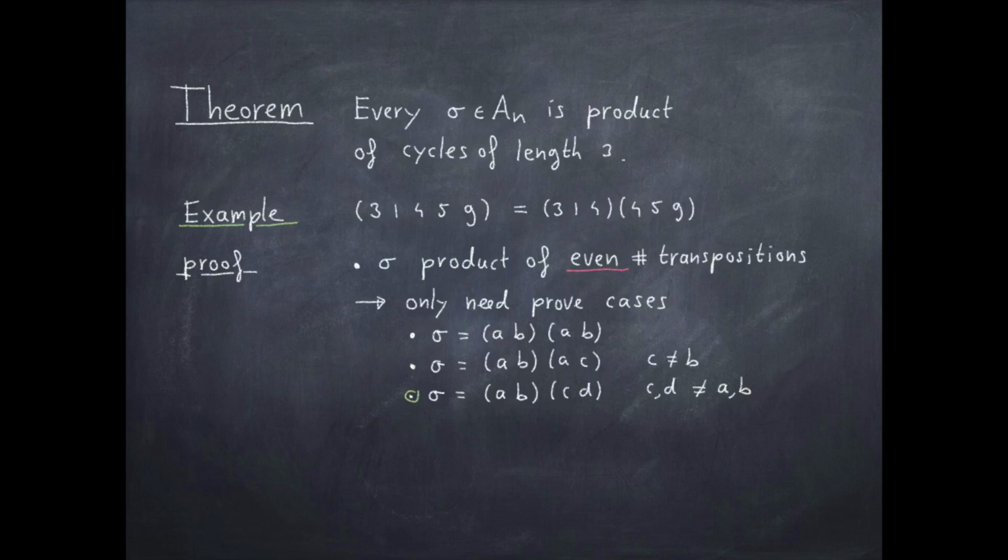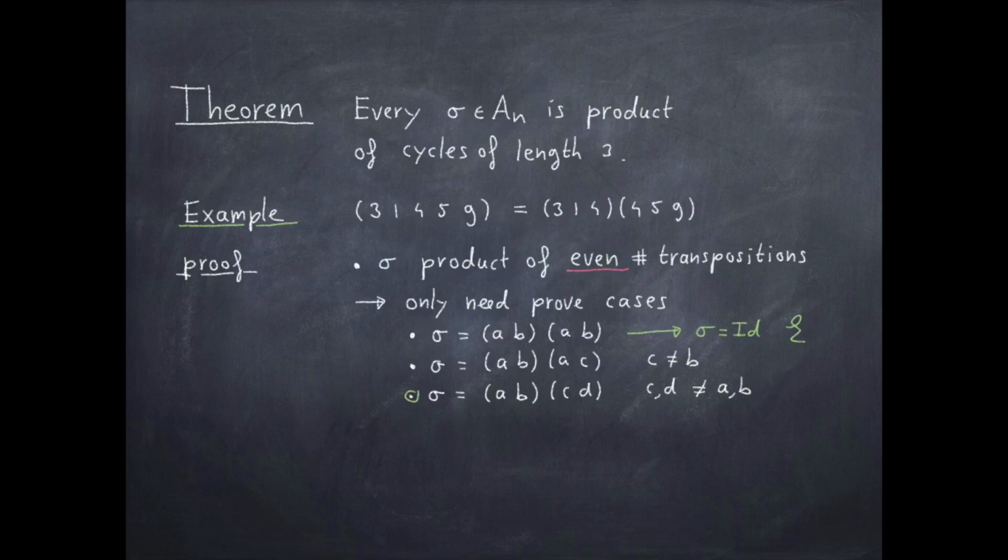The first case is when the two transpositions are the same. The second case is when the two transpositions share one common element. And the third case is when the two transpositions are disjoint. The first case is easy. The product of two equal transpositions is the identity element. And the identity element is the product of 0 cycles of length 3.